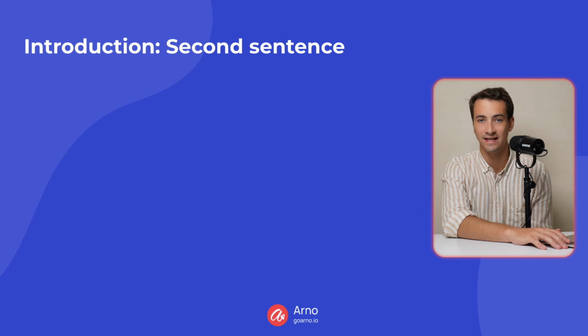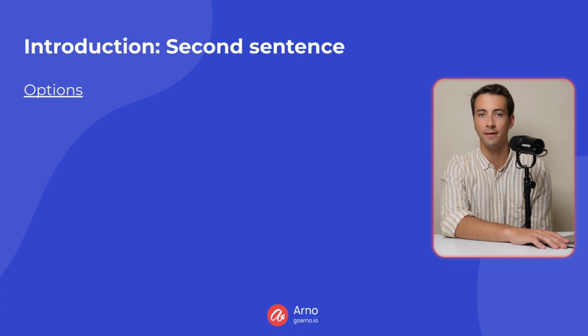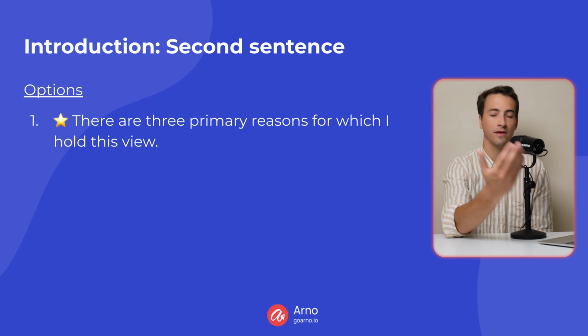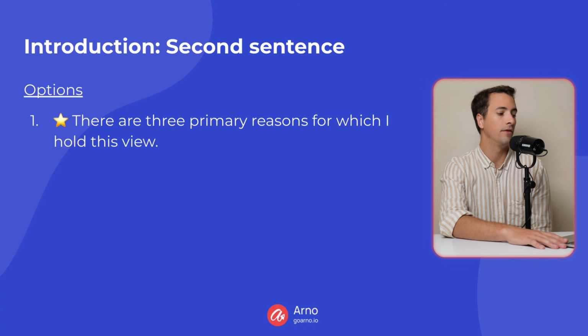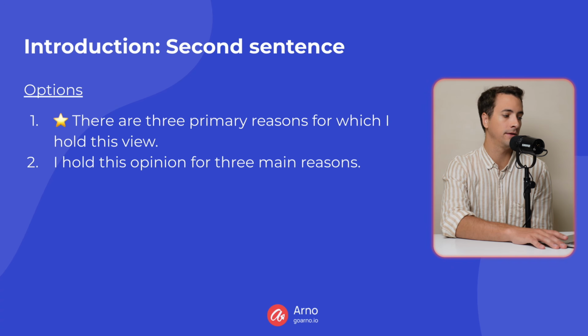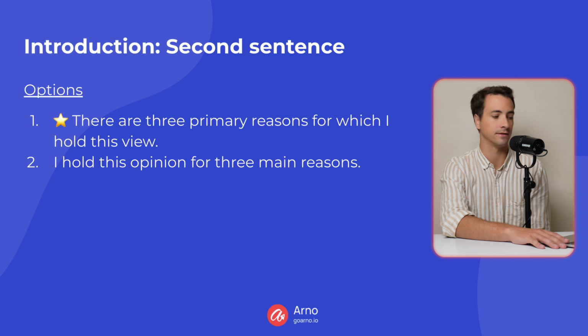For the second sentence, it is much simpler. Here are your options. One, and in my opinion, this is the best one, the highest scoring one: "There are three primary reasons for which I hold this view." Or you could say, "I hold this opinion for three main reasons."